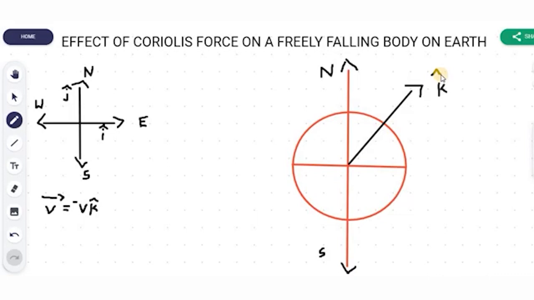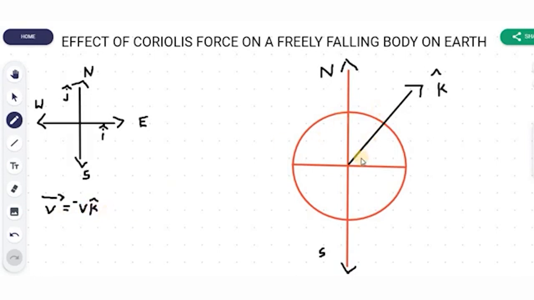The body is falling freely along the vertical k. Upward direction is positive k, and downward direction is negative, and it is falling freely in the downward direction, its velocity represented by minus v into k cap, where v is the magnitude and minus k represents its direction along downward.